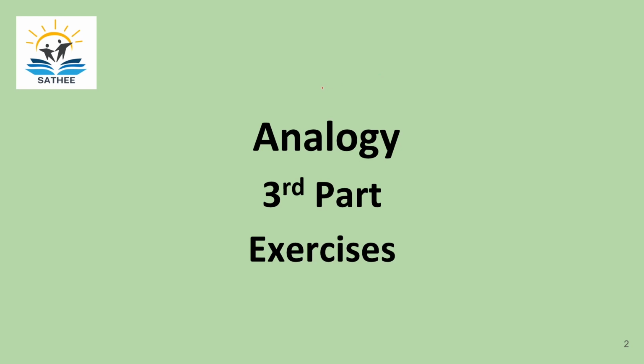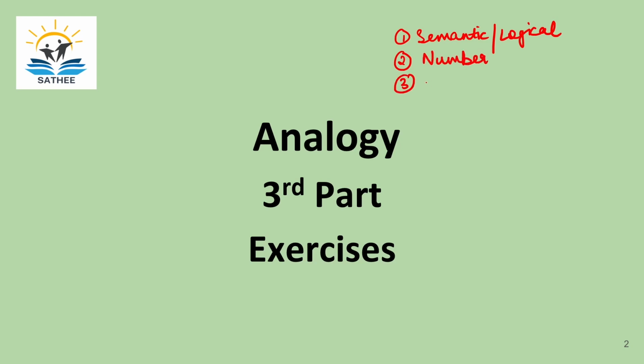In the previous lectures, we discussed the types of questions from analogy that come in various competitive exams, along with some examples. In total, we discussed that there are six types of questions that can be formed from analogy. First was semantic or logical analogy. Then number analogy.